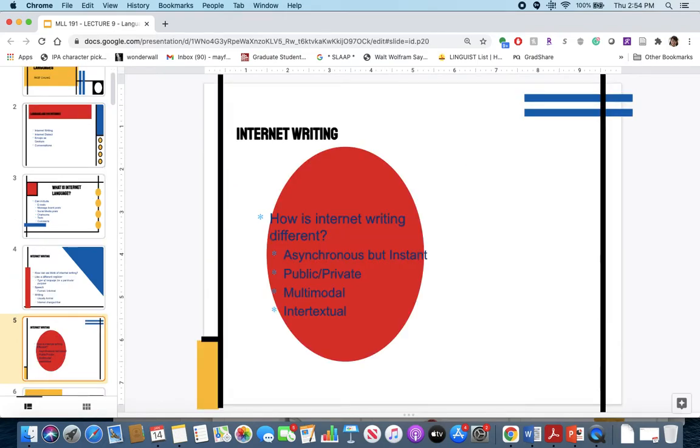So, how is internet writing different from the types of writing that you use in your formal papers, for example? Well, first of all, it's asynchronous, but it's also instant. Anyone can write a comment. You probably don't remember this, but back in the day, if you wrote a comment on Facebook, it was on people's walls, right?